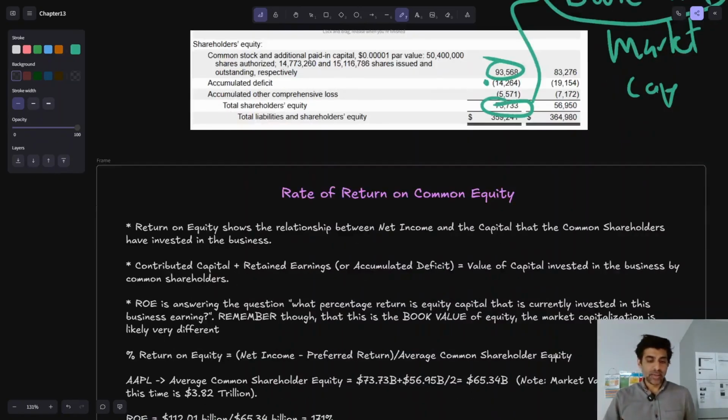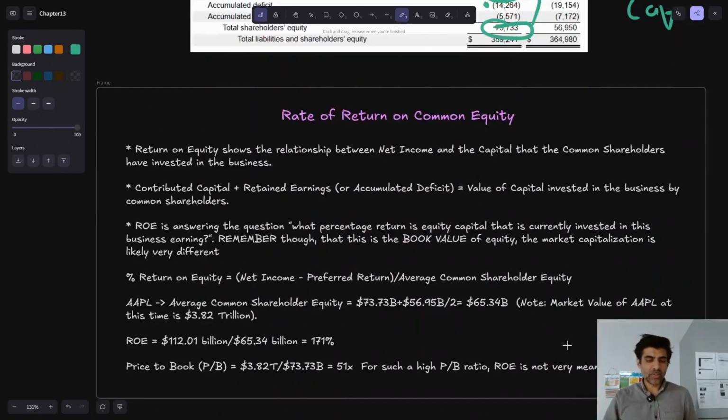Okay, so it's good to know what the actual return is on that actual investment from investors. Again, the value of capital invested is the contributed capital and the retained earnings. Okay, and the return on equity is answering what percent return the equity capital is earning.